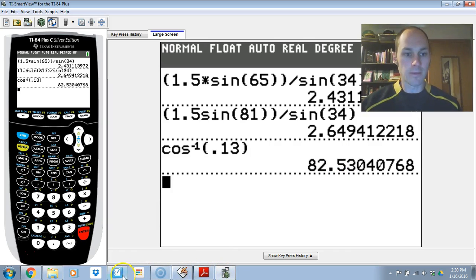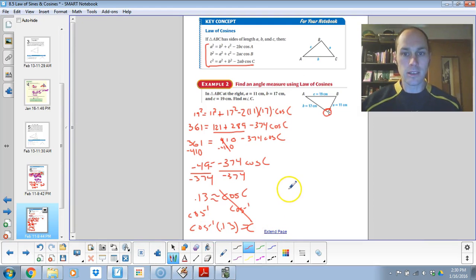So angle C would be about 82.5 degrees. And that's how we use the law of cosines.